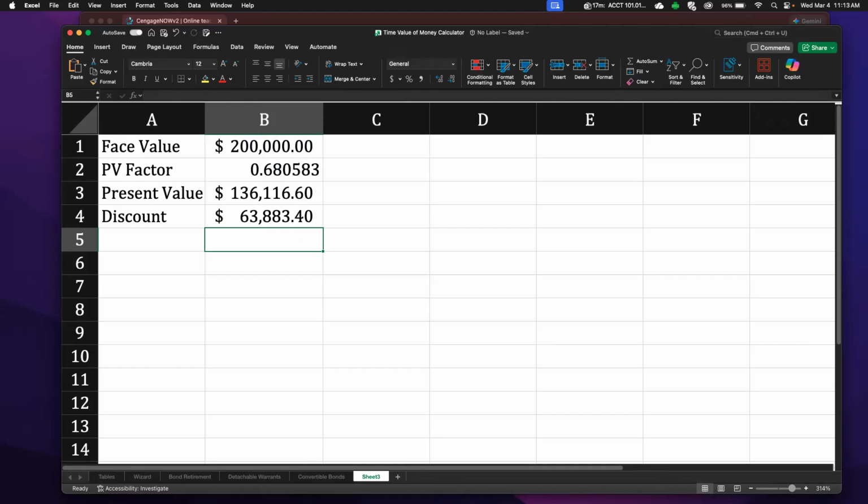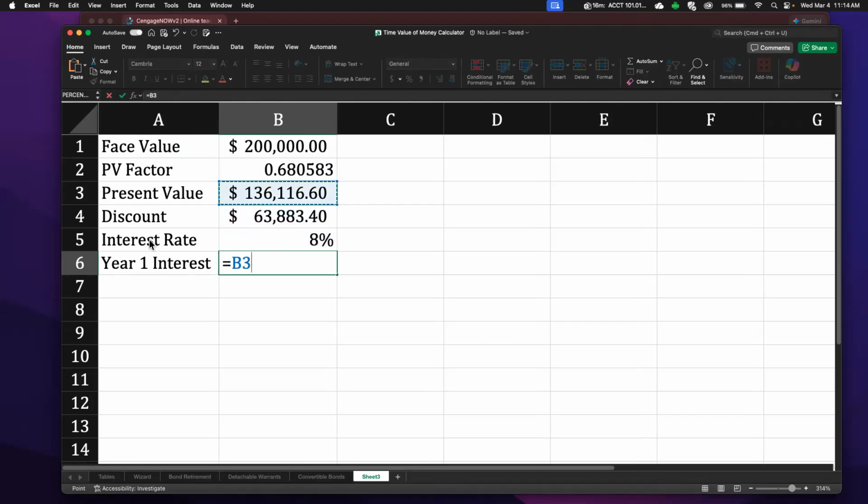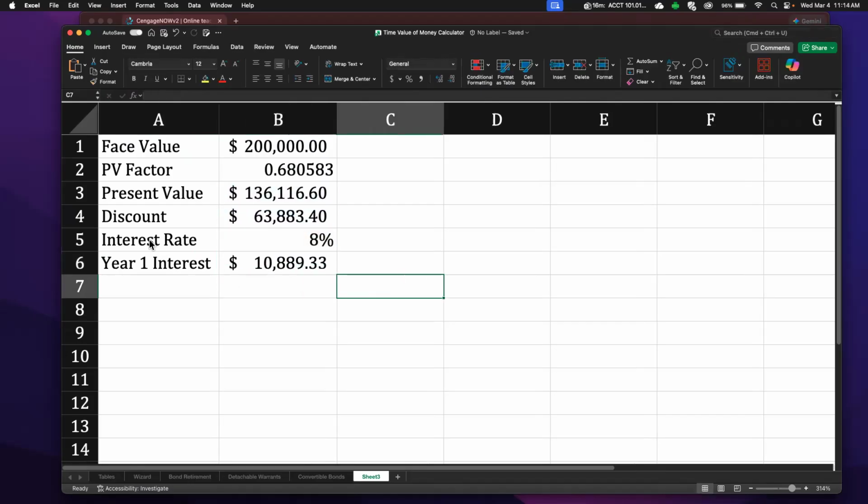We also need to figure out some year 1 interest. Our interest rate is 8%. So our year 1 interest would be our present value times our interest rate.